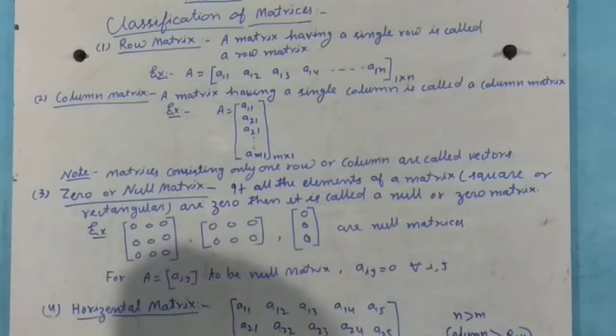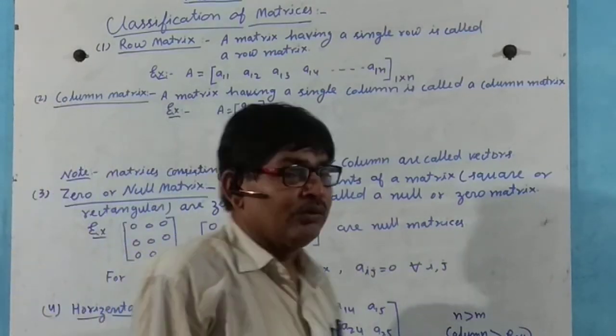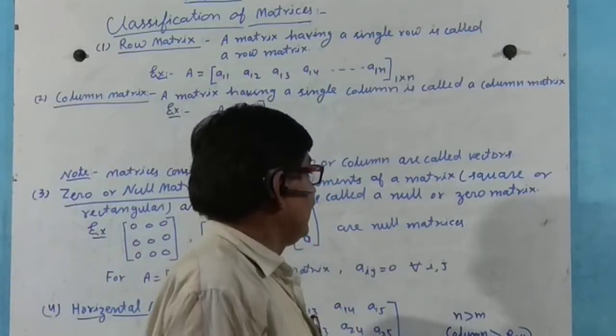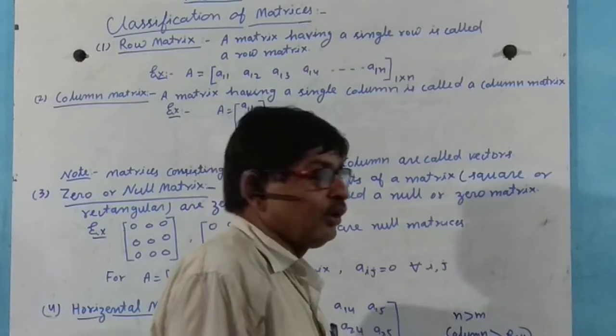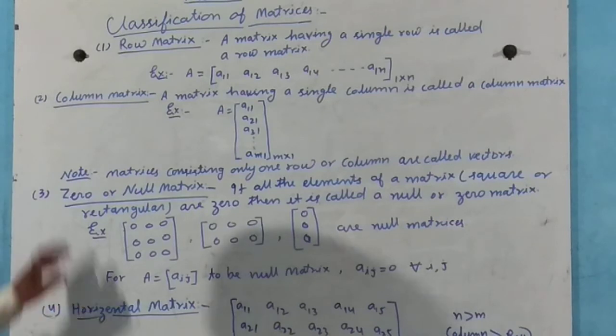Here a matrix consisting of only one row or only one column is called a vector.